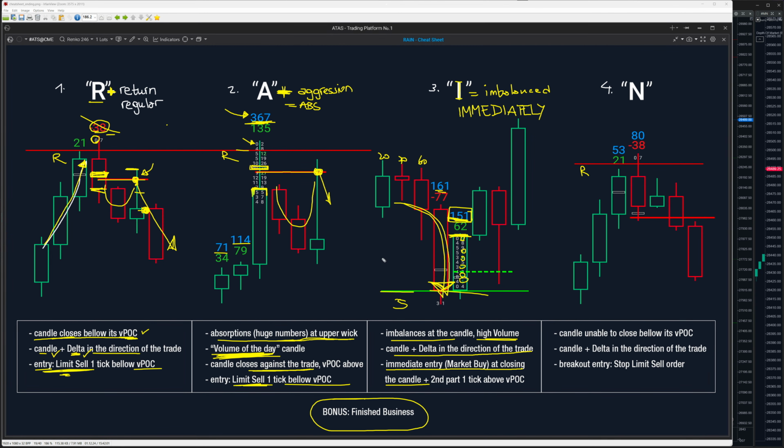Unlike with the limit, you click here for 50% of your intended position size. For example, if you trade micro Nasdaq and you usually open, I don't know, 6 contracts, you open only 3 micro Nasdaqs here. Trust me. Because the second part is 1 tick above the VPOC. That is the VPOC of the candle, and you place a limit buy 1 tick above it.